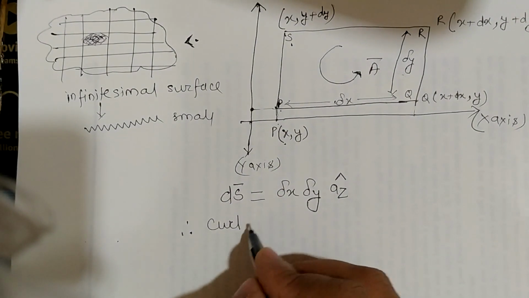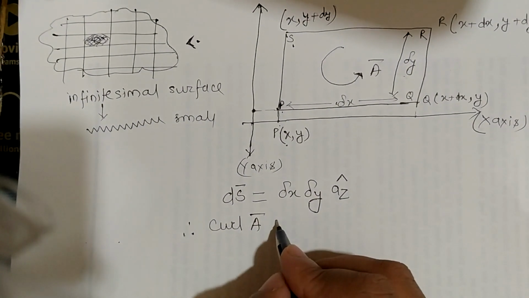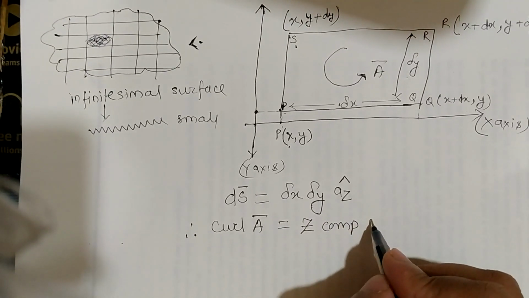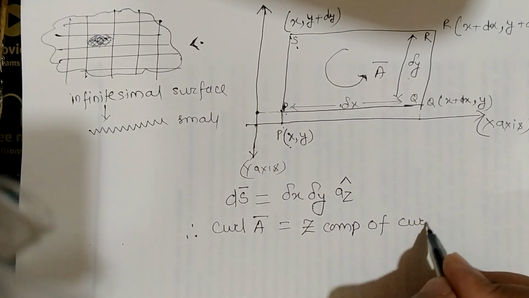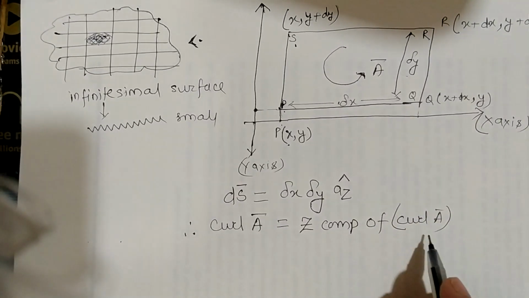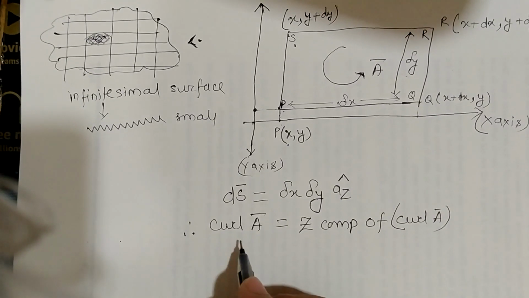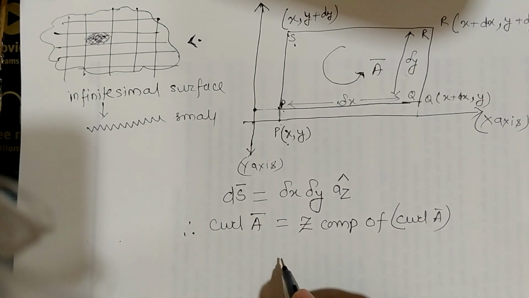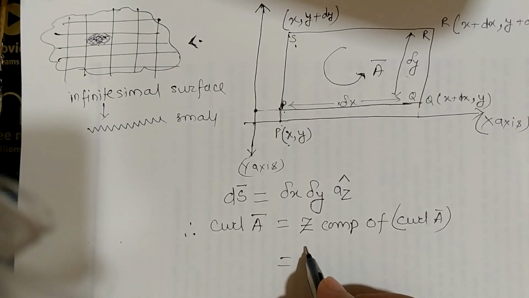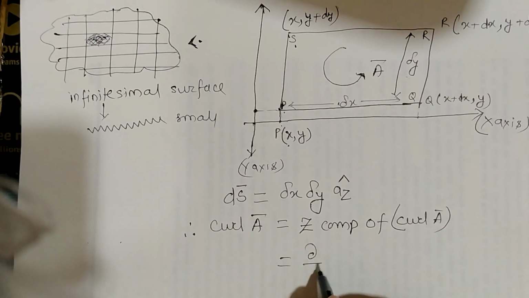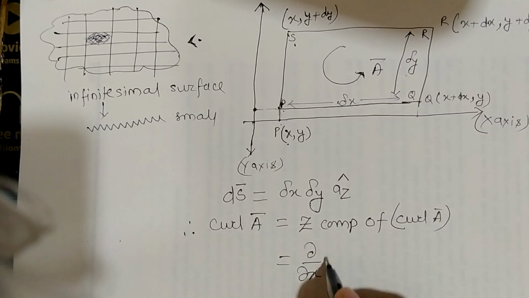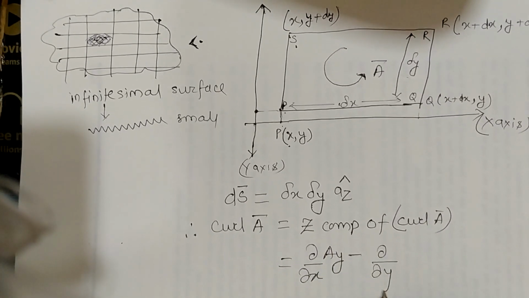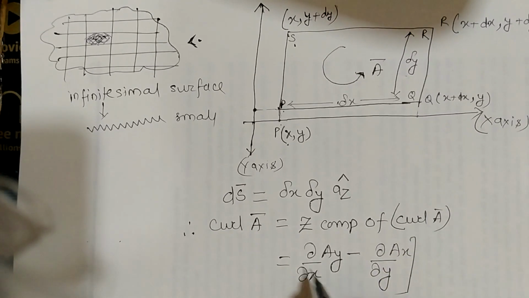So now we are going to find the z component of the curl of a bar. The z component of the curl of a bar, that is normal to this point, will be equal to del by del x of ay minus del by del y of ax.